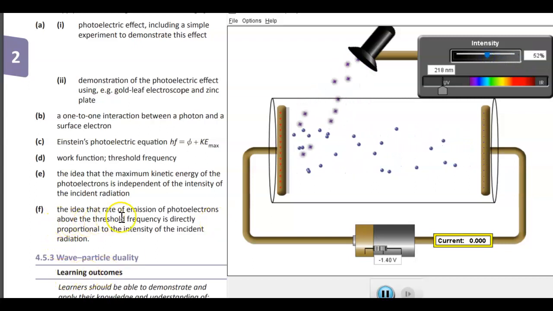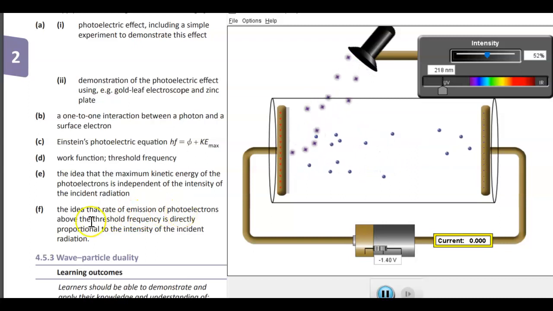Part F says the idea that the rate of emission of photoelectrons above the threshold frequency is directly proportional to the intensity. And as you can see, I won't change the frequency, but if I change the intensity down to much lower levels, you'll see that the number of photoelectrons emitted is still occurring, but there are very much fewer photoelectrons being emitted.